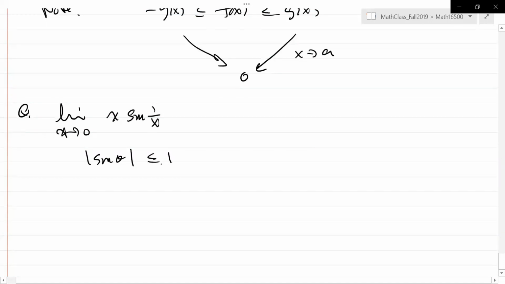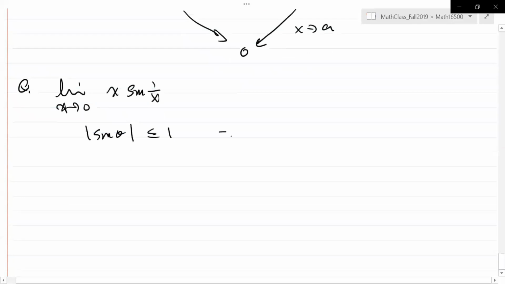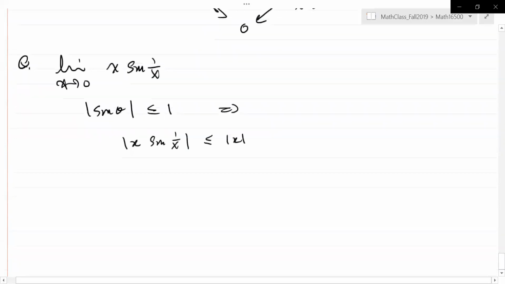However, the absolute value of sine theta is always less than or equal to 1. So if you look at the factor x in front of sine 1 over x, that x plays a very key role here. That x forces the product to approach 0.